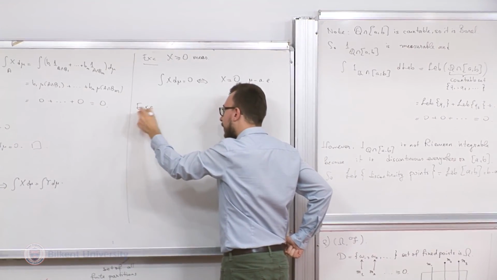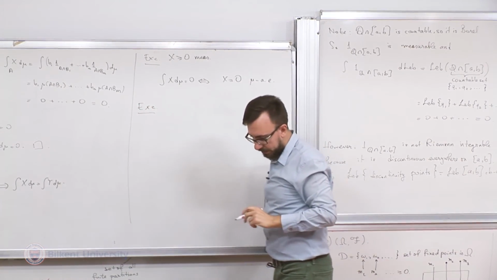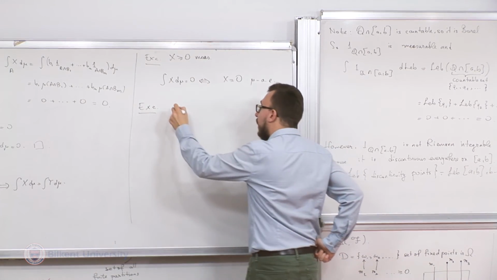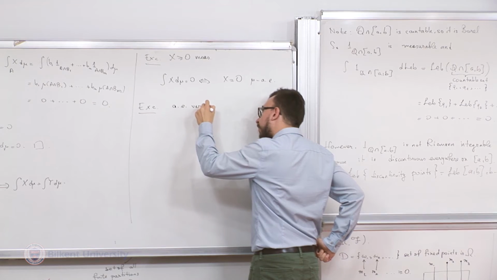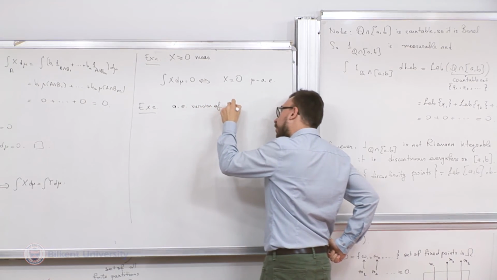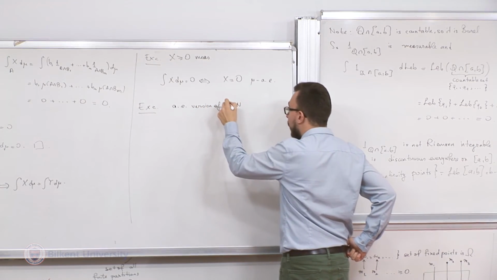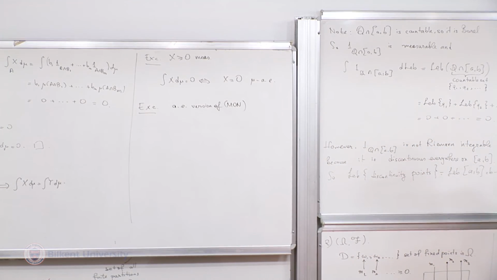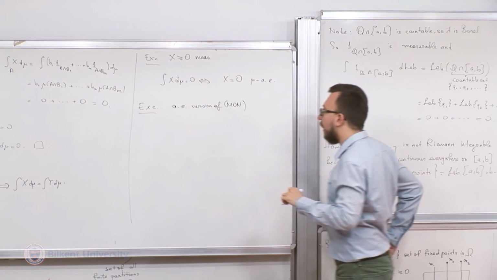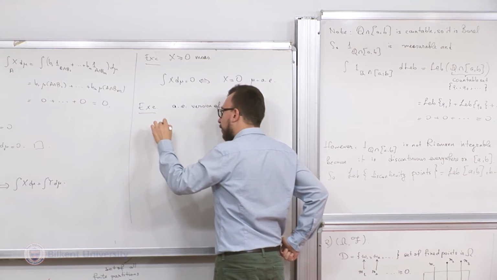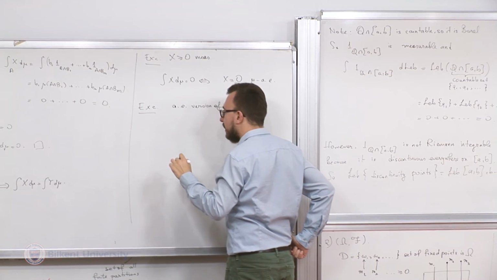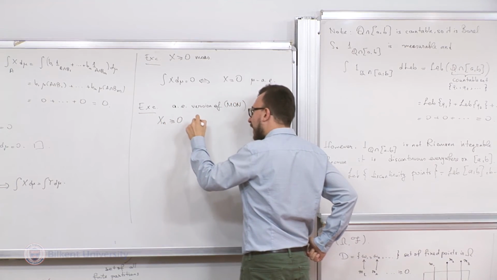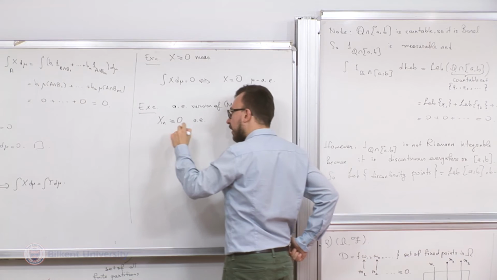What else can you do with this insensitivity? You can write down the almost everywhere version of the monotone convergence theorem, and also for dominated convergence, Fatou's lemma, etc. So here's how. Let's write down the monotone convergence theorem. What does that say? xn is positive, first of all. So now I make it almost everywhere.